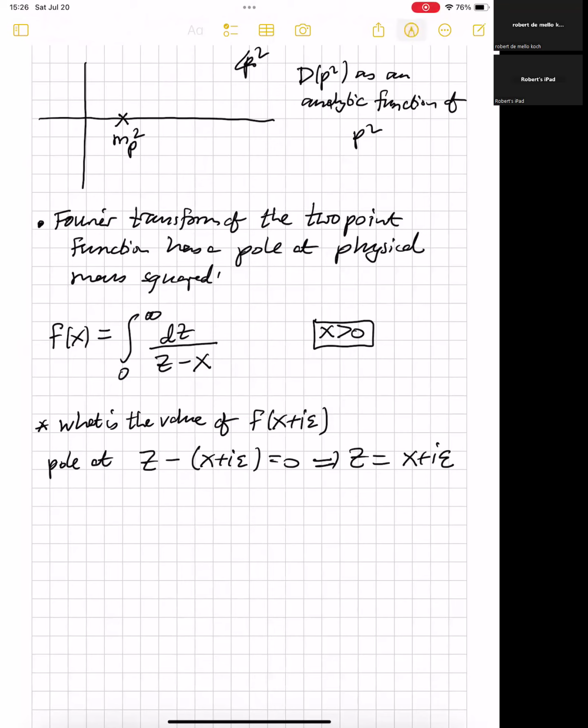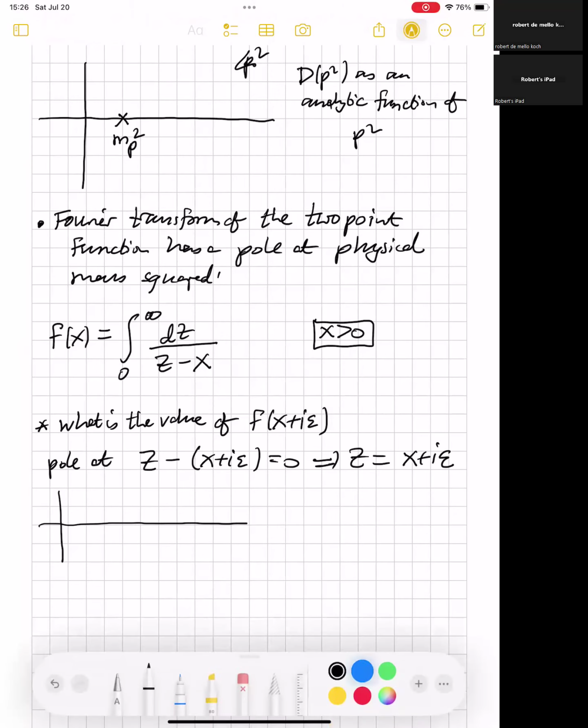Okay, so when we calculate the value of f, there is the integration contour, and this is the integration part. It's that blue line over there. And we have shifted the pole to sit just above the integration path, okay?